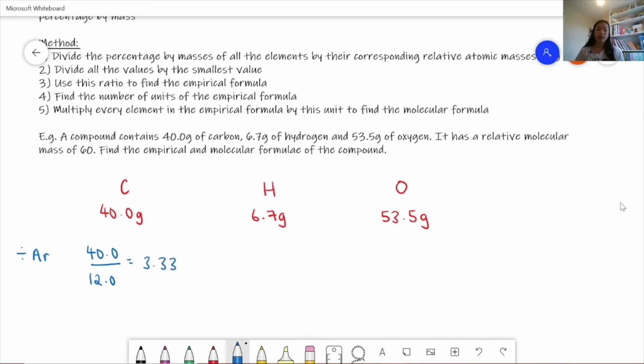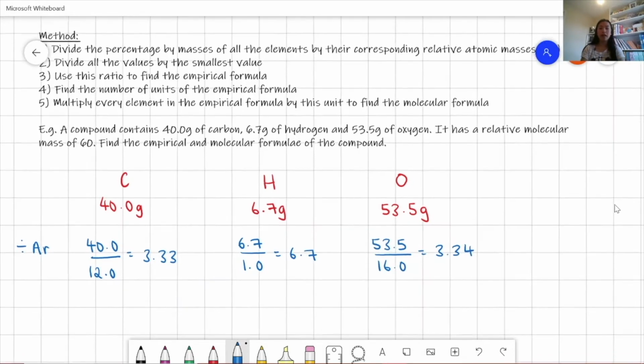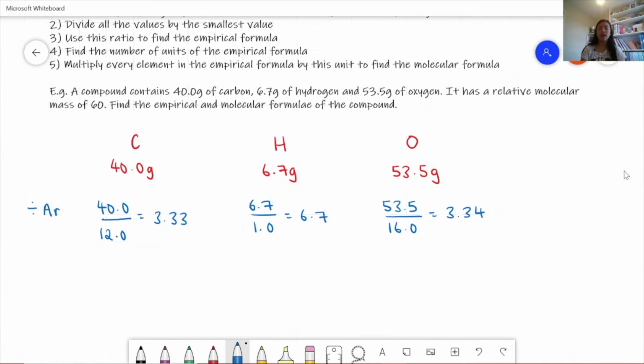And then we have 6.7 over the Ar of hydrogen, which is 1.0. And so this gives us 6.7. And then we have 53.5 divided by the Ar of oxygen, which is 16.0. And that gives us 3.34. And the next step we have is to divide by the smallest.